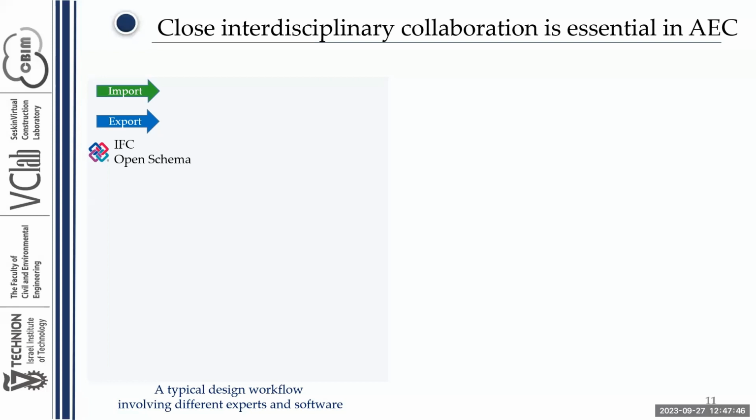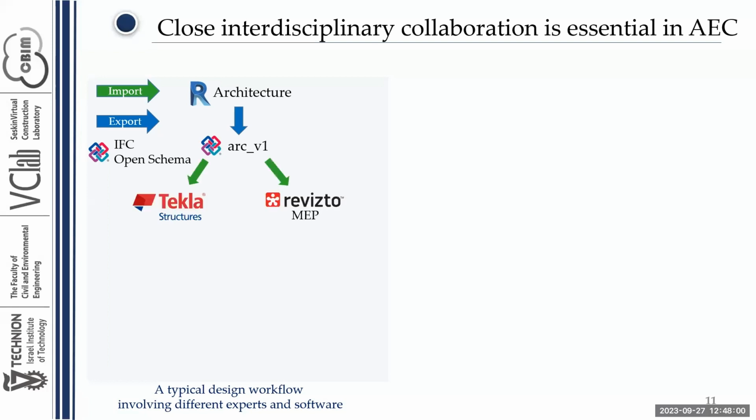A typical design workflow involving different experts and software could be like this. It starts at the architect. The architect exports the architectural model into architectural IFC files and delivers the IFC files to engineers. Structural engineers and the MEP engineers start to work in parallel.